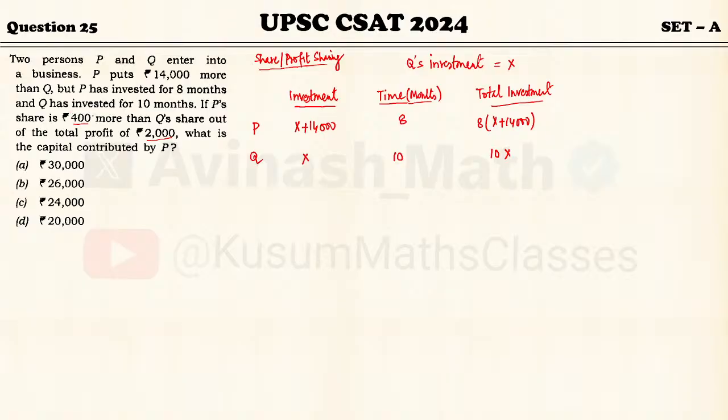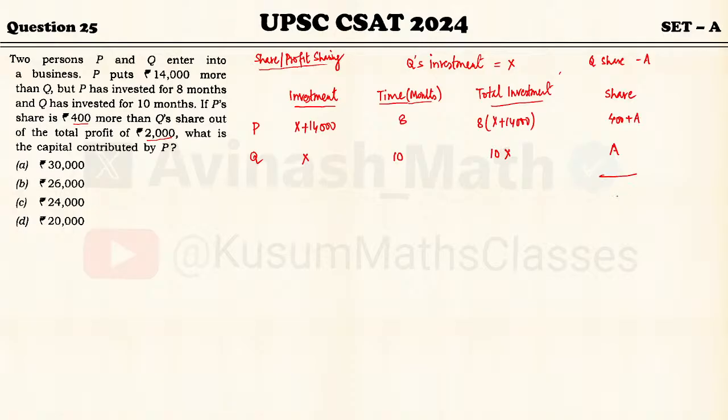And now if P's share is 400 more than Q's share, right? So the share is, say, Q's share is A. So this is A and P's share is 400 more than Q. This is 400 plus A, right?